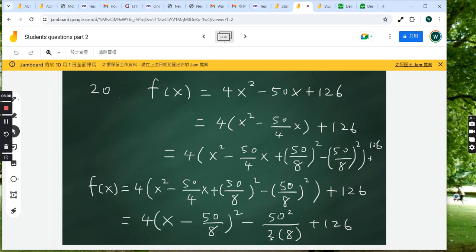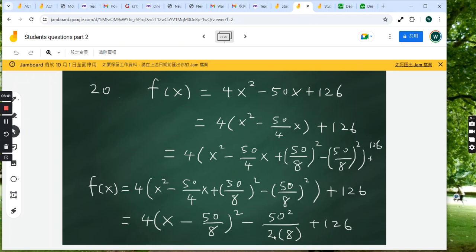So this is where this 2 comes from. This line is just a rewriting of this line, because this 128 doesn't look too good, so I rewrite the whole thing here. These two are equivalent, and to bring this outside the parentheses we multiply this number by 4. After multiplying by 4, you have 50 squared divided by 8, and you have a 2 over here.